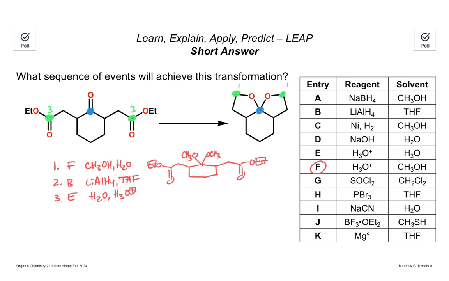So that's the product of step 1. Step 2, you get your alcohols. And then what happens in step 3 all at once, the acetal or ketal is deprotected, and then those alcohols then cyclize back on it.